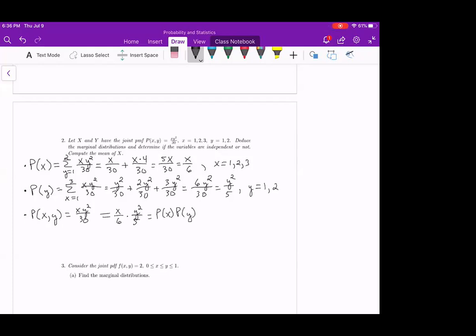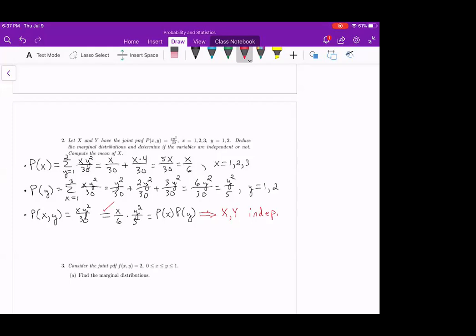Is the left side equal to the right side? Yes. So this is true, which means, what do you know about x and y? They're independent. Yeah, x and y are independent. And so those are the 3 steps that we went through in problem 1. You got to practice it here on your own for problem 2.